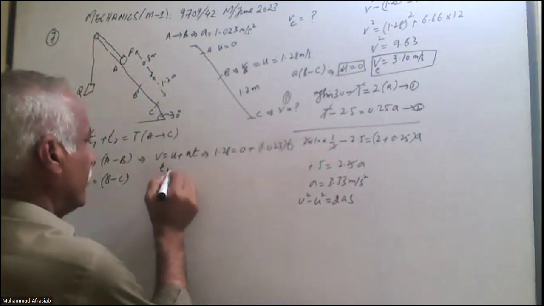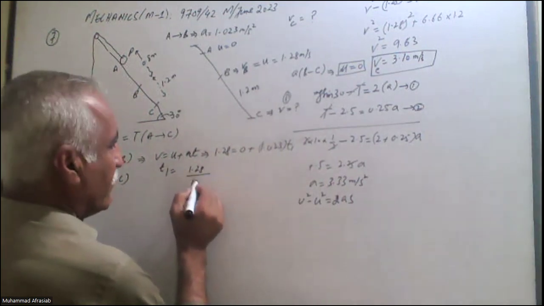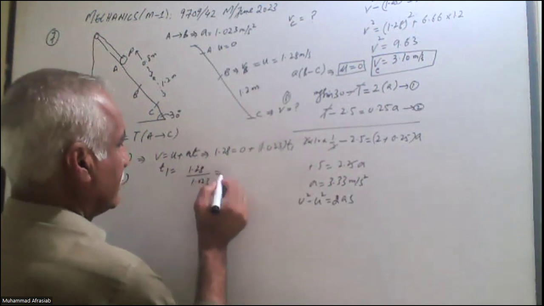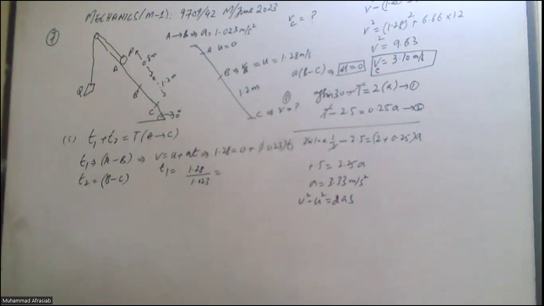So the time T1 will be equal to 1.28 divided by 1.023, and that is equal to 1.25 seconds.